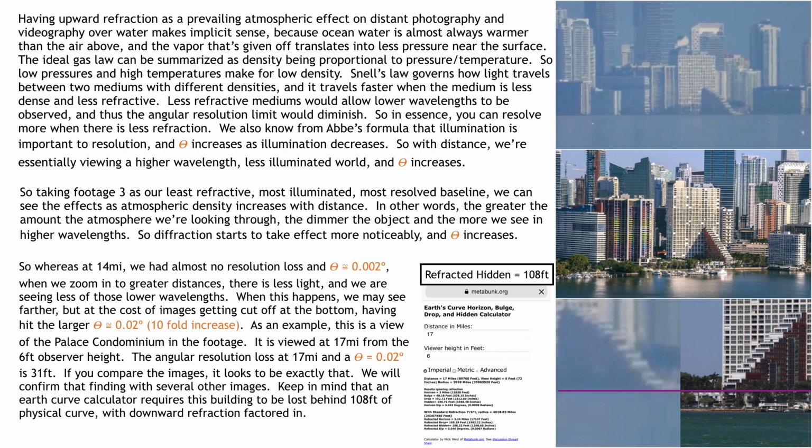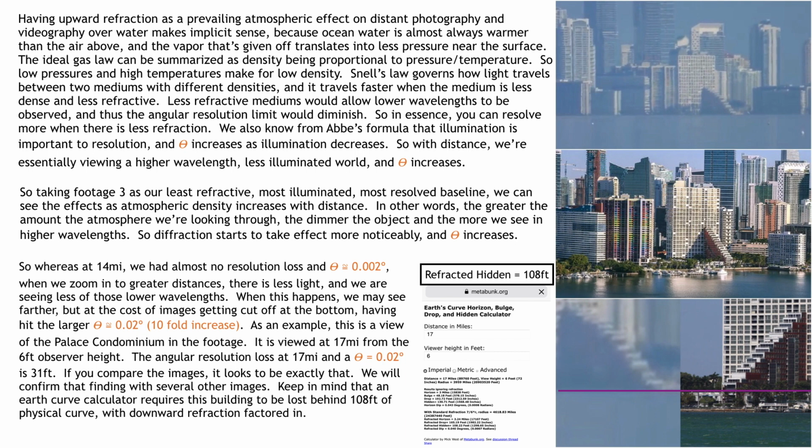And the reason that's important is because within this footage that was captured on this particular day, there's almost no diffraction observed all the way to 14 miles. You can essentially see the entire shoreline with almost no compression of those floors.